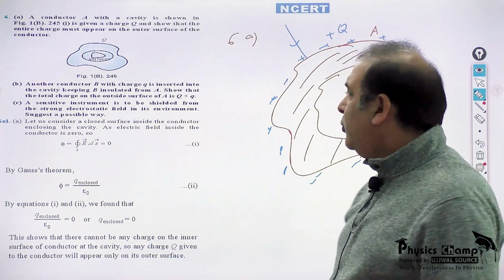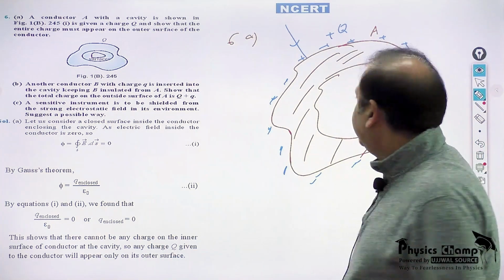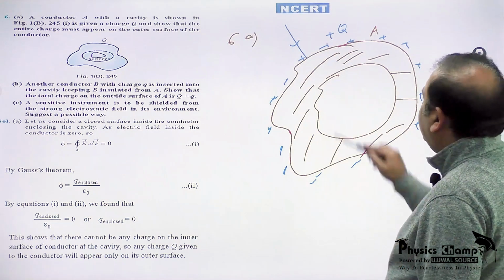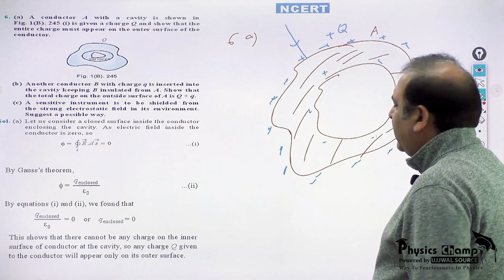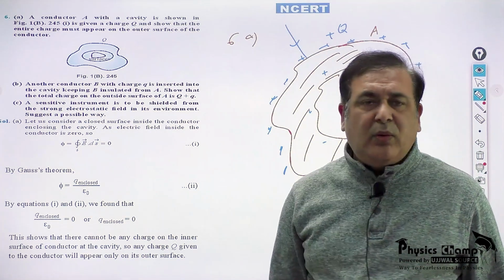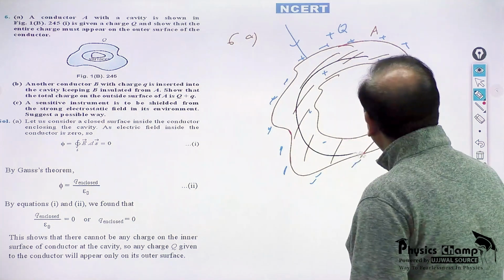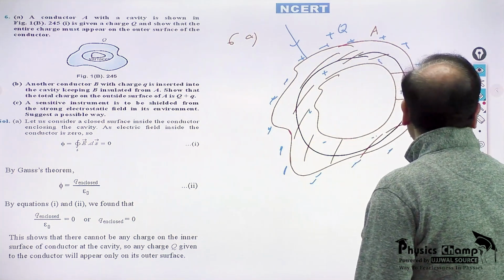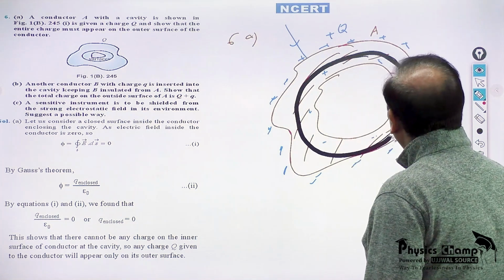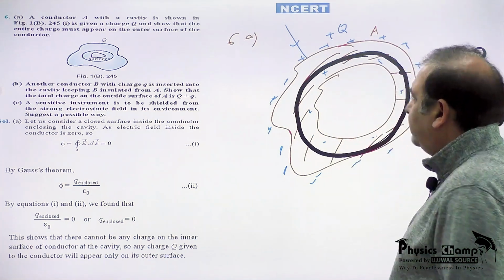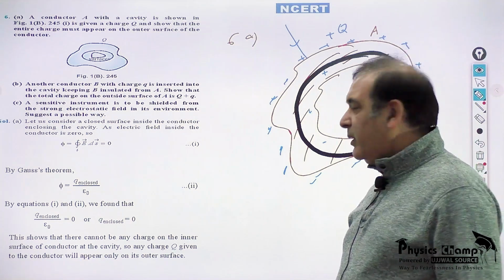Now, if I want to show that the entire charge must appear on the surface of the conductor, I can imagine maybe some charge out of that charge Q which is provided may remain, may go in the conductor. Let's assume a Gaussian surface, maybe just within the conductor.